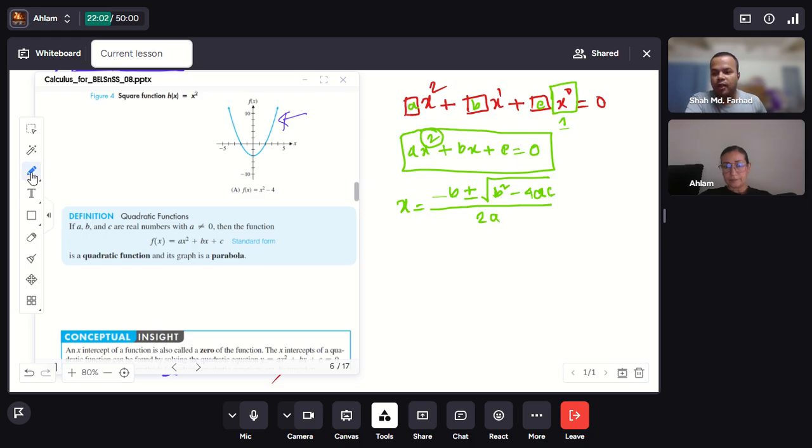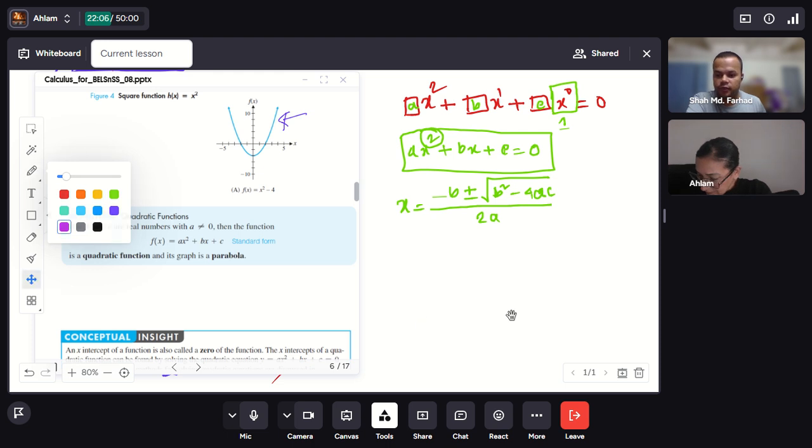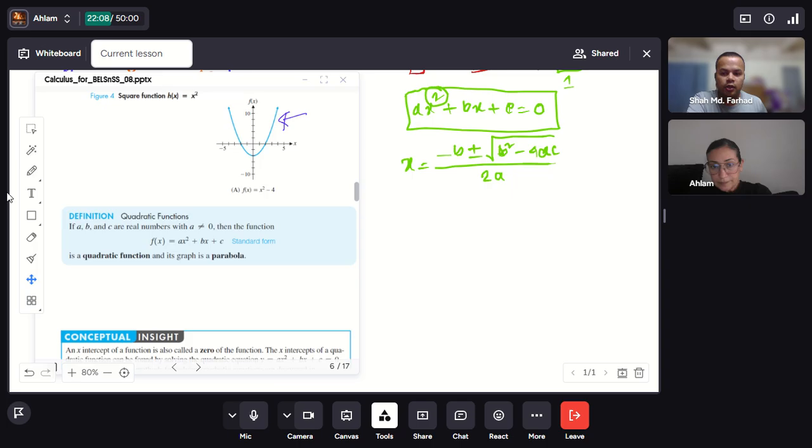Now if I give you an example, I think it will be clear to you. Suppose you are given the equation 2x squared plus 5x plus 3 equals 0, and you are asked to solve it.